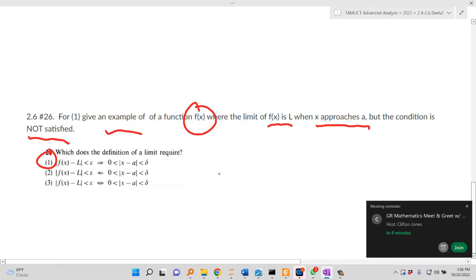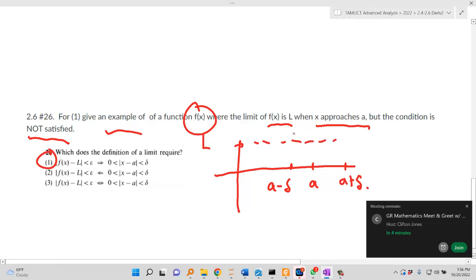So what's the picture there? I have a here, and I have x minus a is less than delta. That's this interval here, a minus delta to a plus delta. Then I have my L here, and f of x minus L is less than epsilon, which means I have L minus epsilon and L plus epsilon.